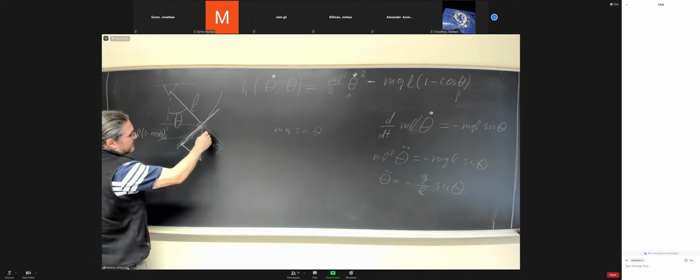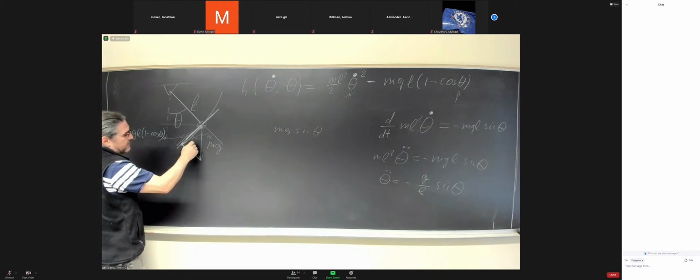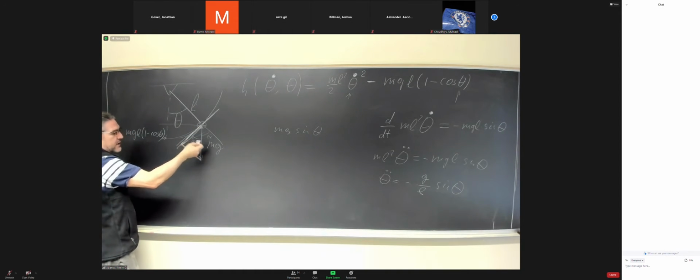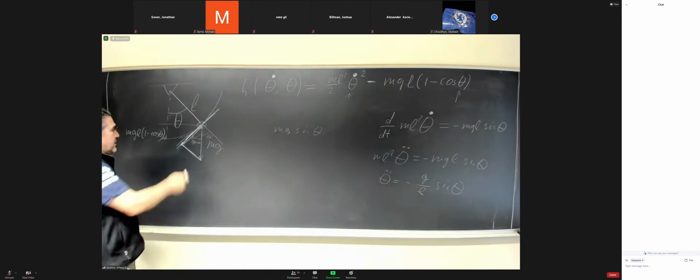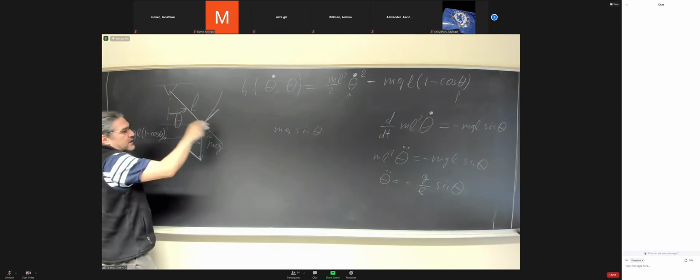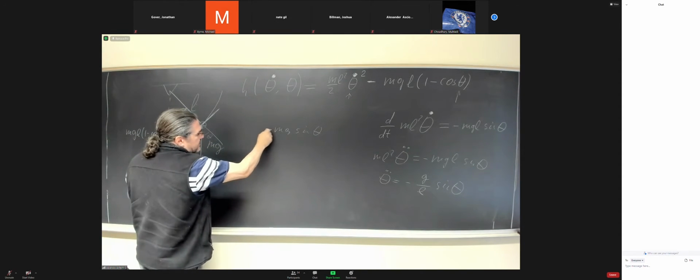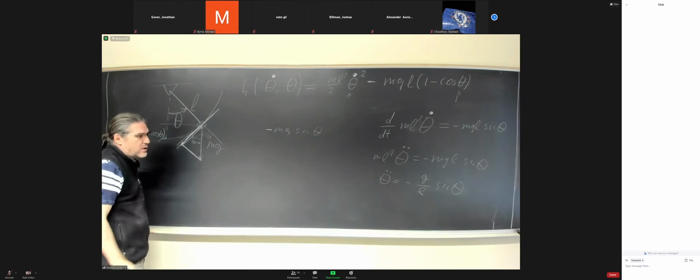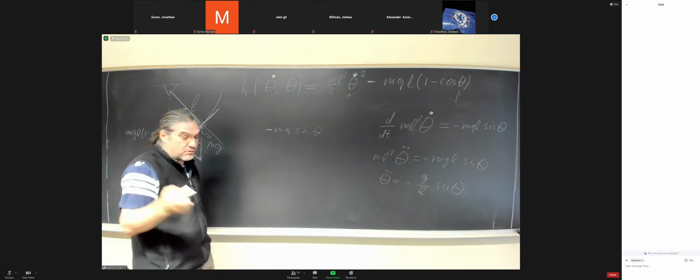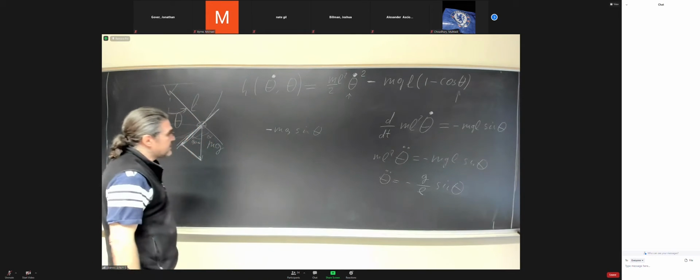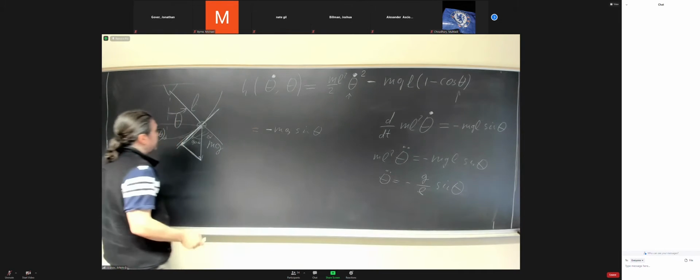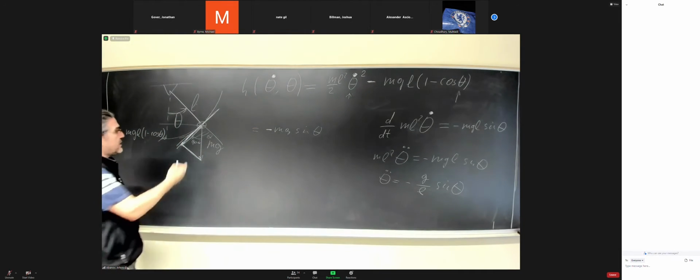Because this angle is theta, right? So this is 90 minus theta. So the cosine of 90 minus theta is sine theta. Now, if this is your theta, then that force brings it in the opposite direction than the growth of theta, right? So it has a minus sign, and now we have here the acceleration.